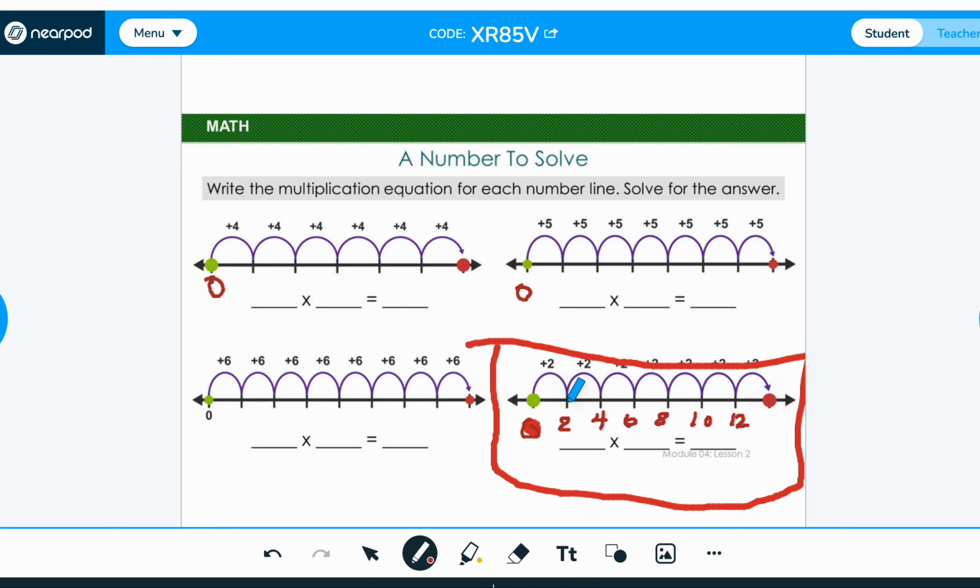So I have 1 hop, 2 hops, 3 hops, 4 hops, 5 hops, 6 hops, 7 hops. So 2 more, 13, 14. So I know 7 hops of the number 2 is equal to the number 14.